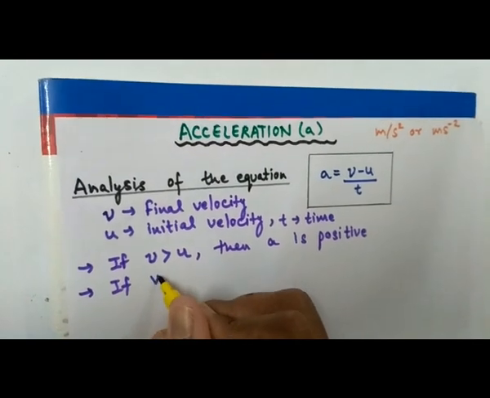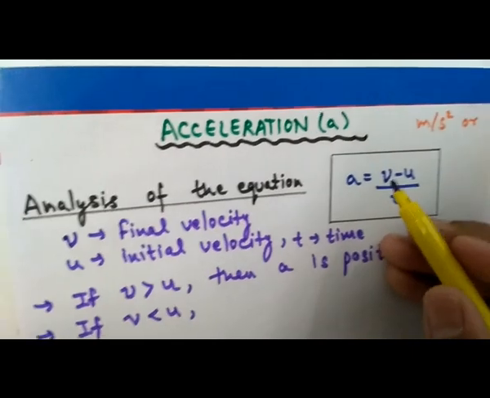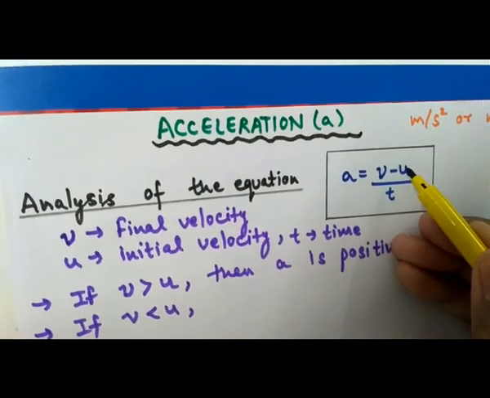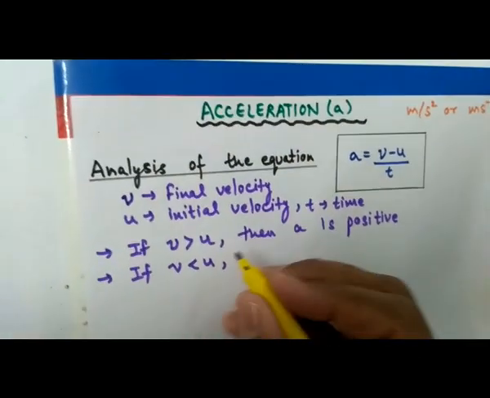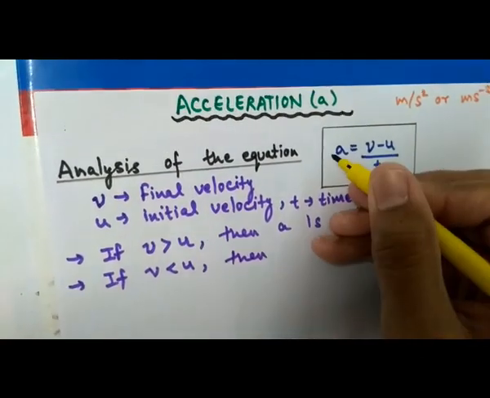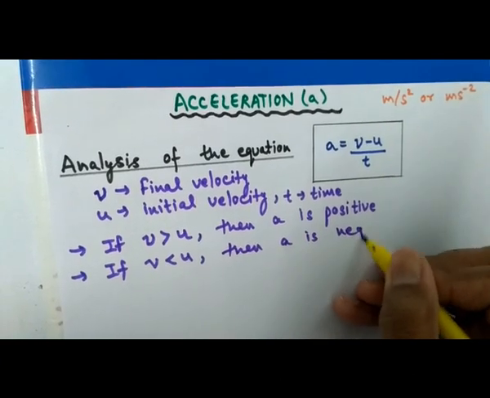If v is less than u, that means final velocity is lesser than initial velocity. Then a will be negative. a is negative.